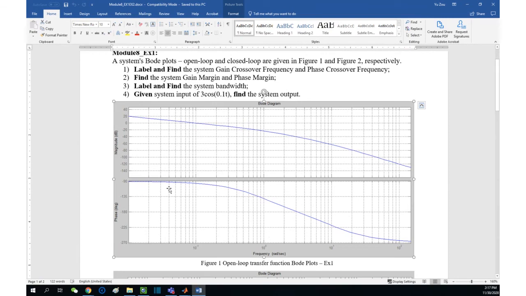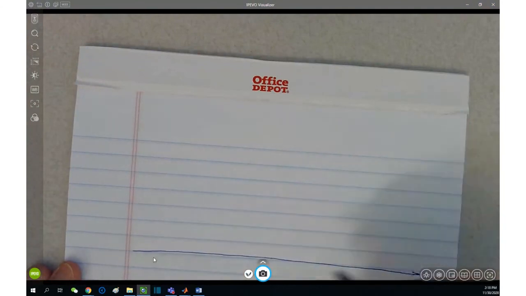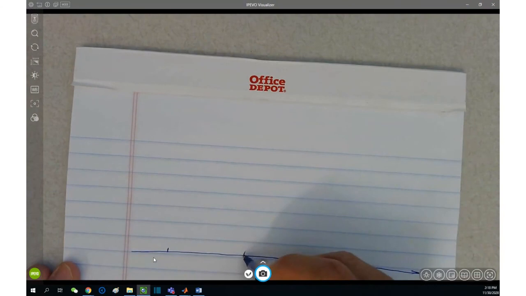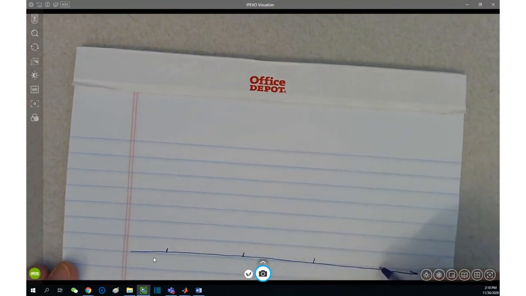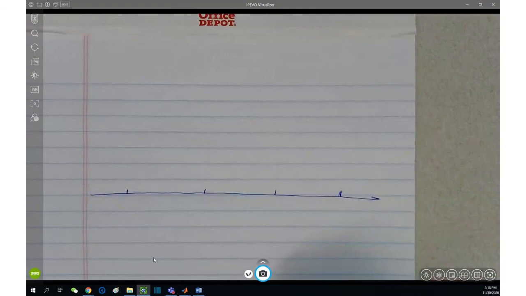That's why you're seeing the vertical grid is not linearly aligned, because it's in log. Log is labeled like this. Nice. This is the x-axis.